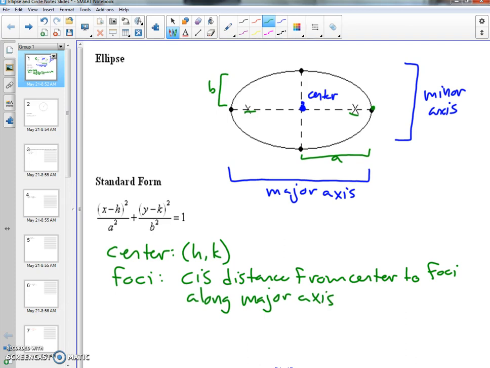Those are those two points that can be used to construct the ellipse. c then comes from this formula, using a squared and b squared, which are the numbers on the bottom of the fraction.